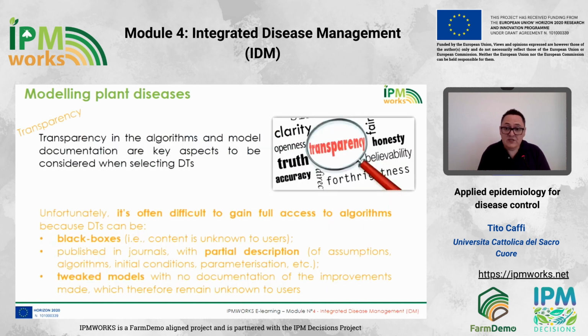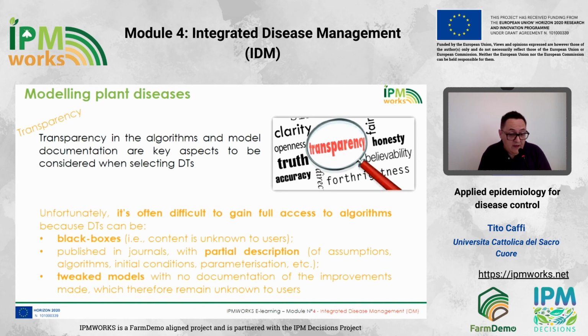The level of transparency should be an important eligibility criterion for the selection of the decision support system, because it's often difficult to gain full access to the algorithms of the decision support system tools. Sometimes they are black boxes, so the content is unknown to users.